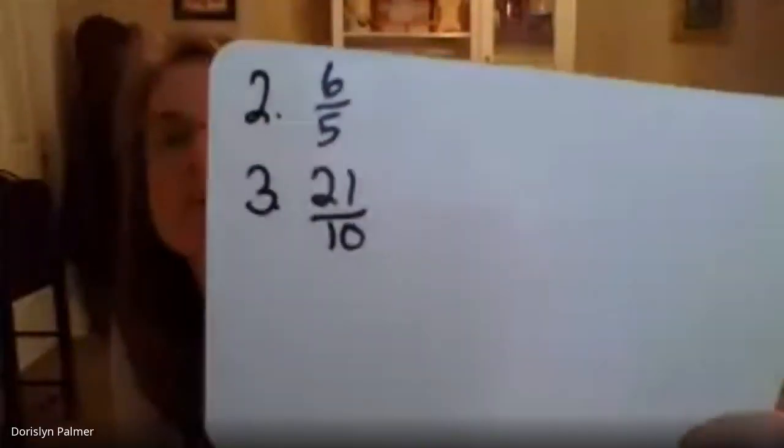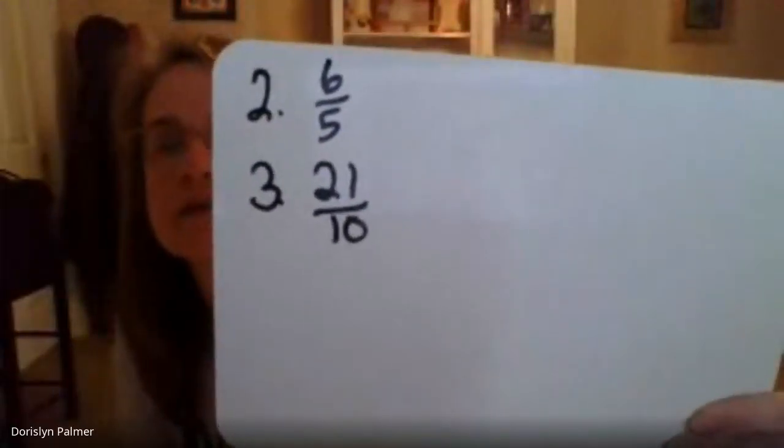David N. 6/5. Good. Number 3, David S. 21/10. Good. Number 4, Gavin.